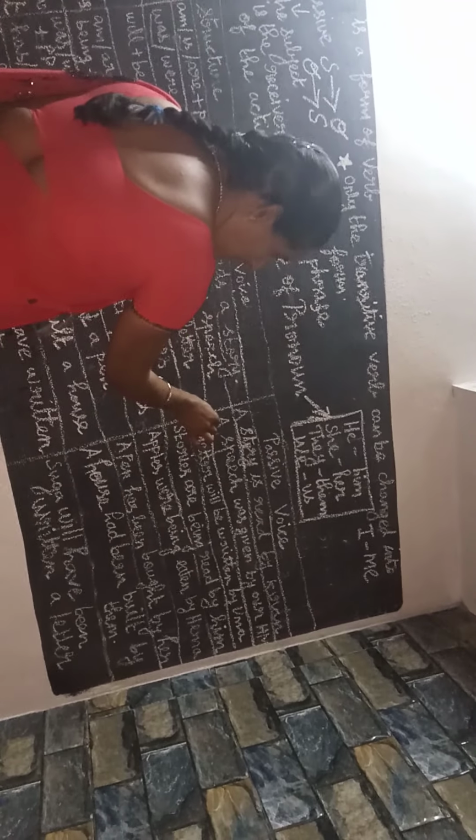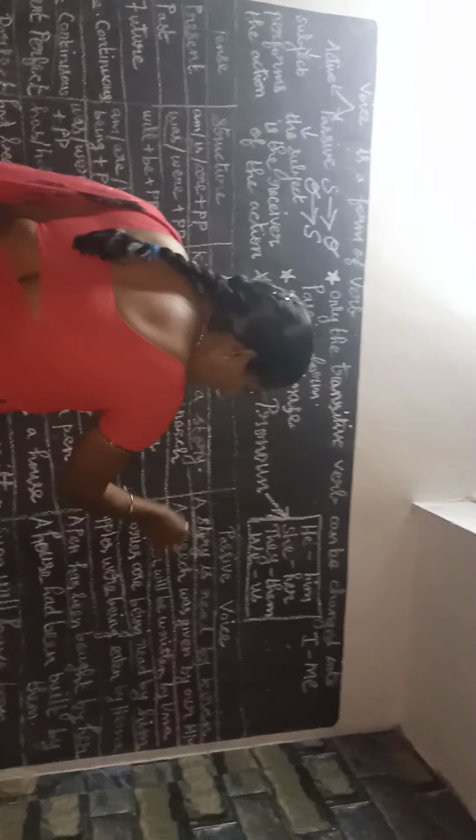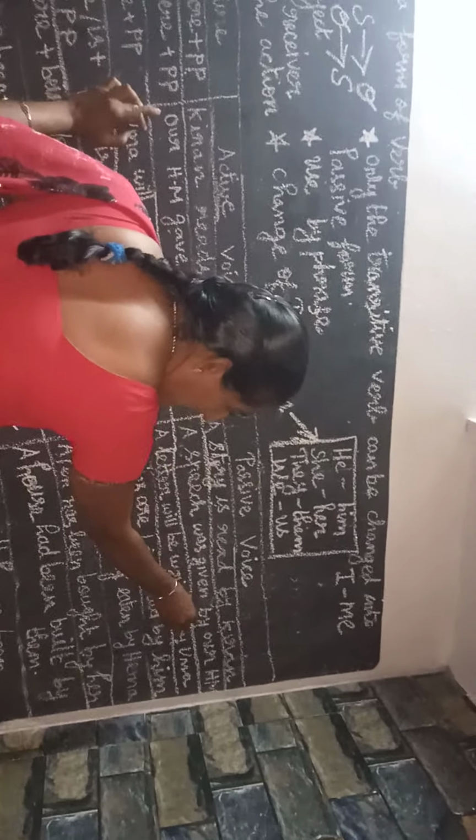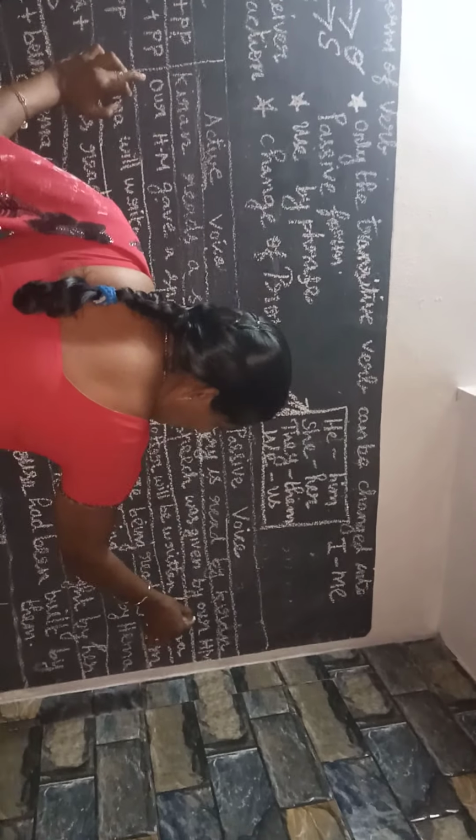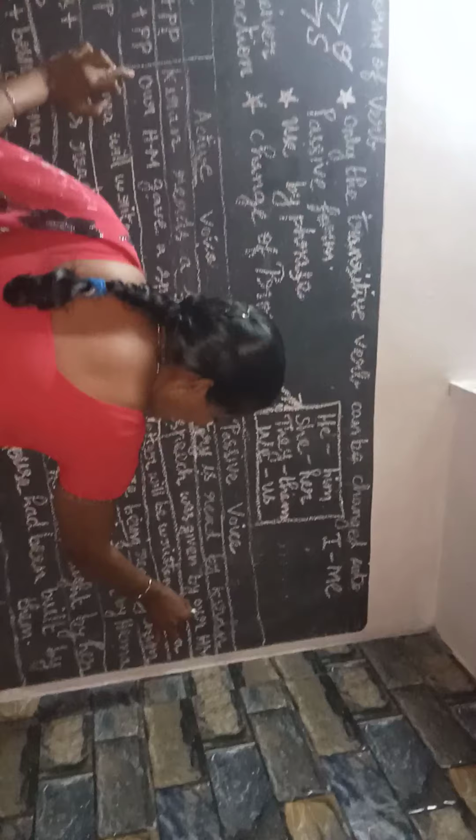A speech is in past tense and singular form, so, a speech was. What is the past participle of give? Given. Then we use the by phrase, and the subject becomes the object, our HM. A speech was given by our HM.